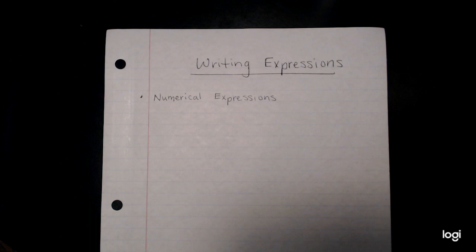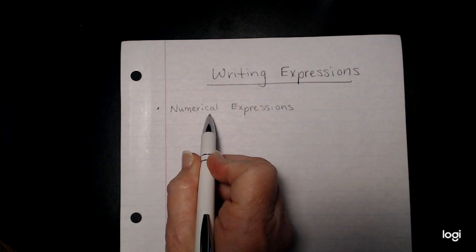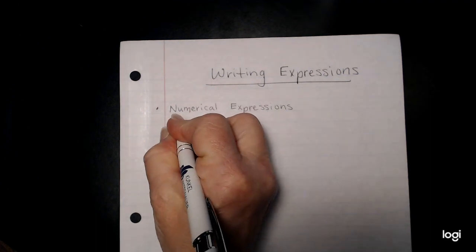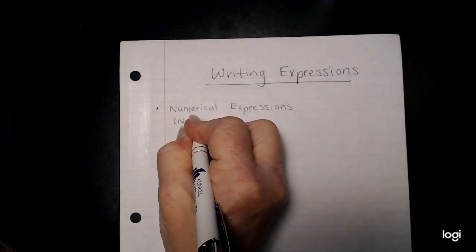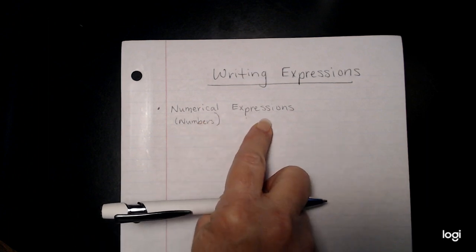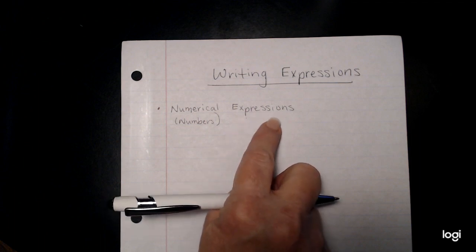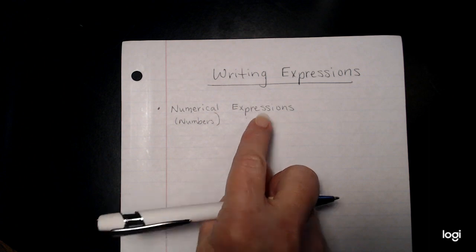A numerical expression, look at the word here, numerical. Sounds like the word numbers. And that's exactly what a numerical expression is. A numerical expression is an expression written with numbers. Now, we've talked about in class that an expression does not have an equal sign. So, for example, here's some examples of numerical expressions. We could say 6 minus 2.